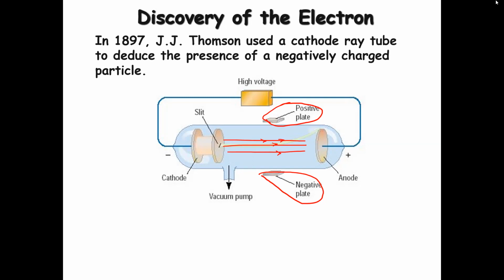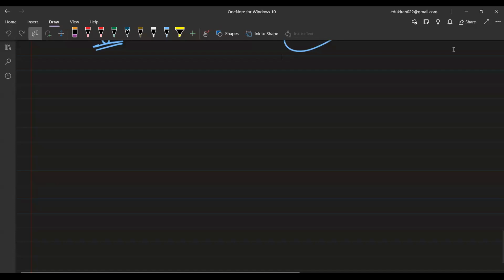So let me explain what is this. What you saw was a discharge tube, and there were many experiments done during the 1800s in the discharge tube and early 1900s also.